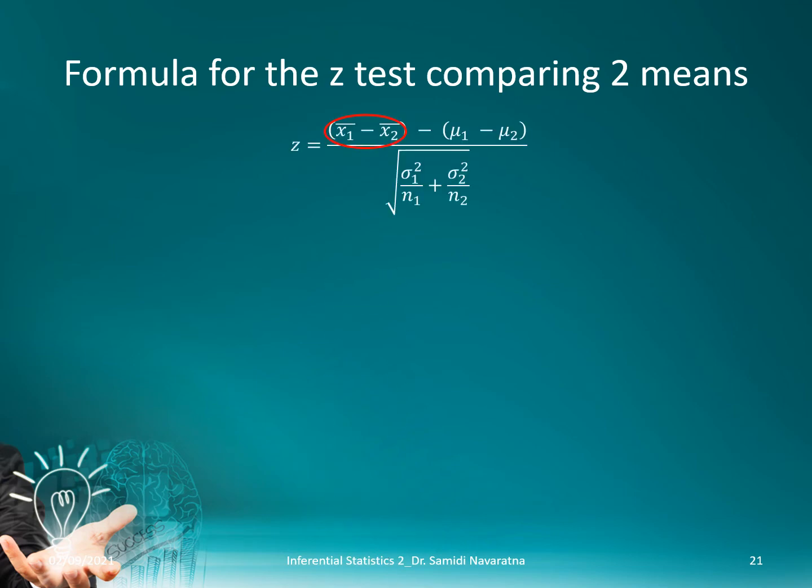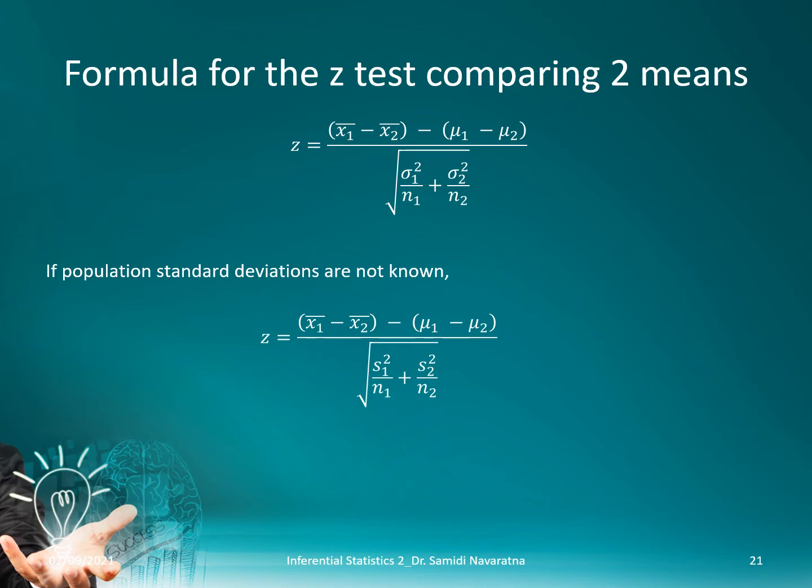This is the observed difference between the samples, then this is the expected difference, divided by the standard error. If population standard deviations are not known, we can use this equation and substitute the sample standard deviations in place of the population standard deviations.